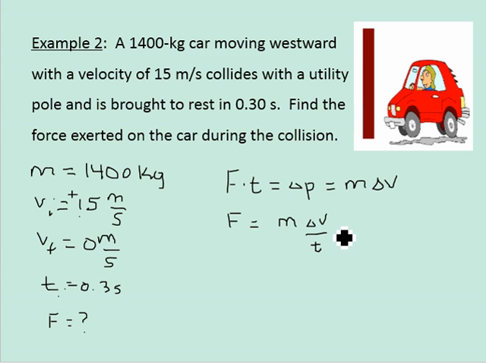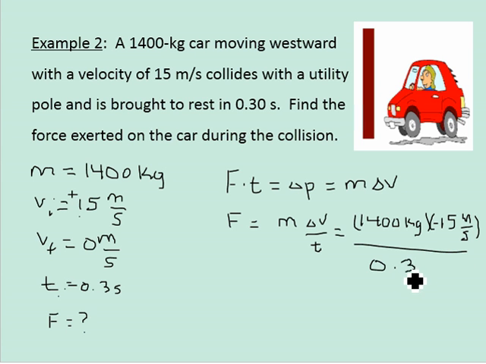Let me just do some substituting in here. My mass is 1,400 kilograms. My change in velocity is my Vf minus my Vi, which is going to give me a negative 15 meters per second, right? Because I'm changing my velocity from a greater to a lesser, divided by my total amount of time over which that force occurs.